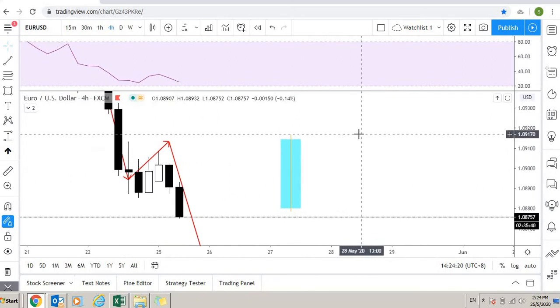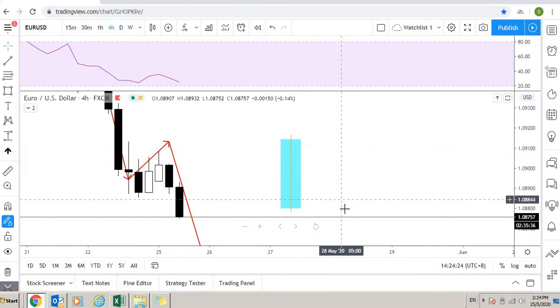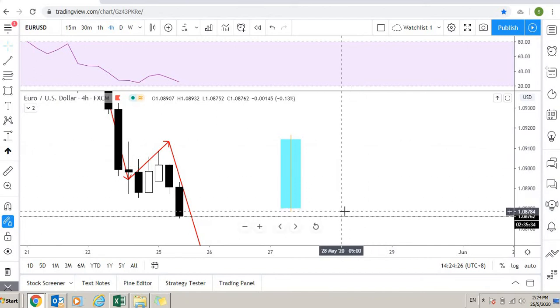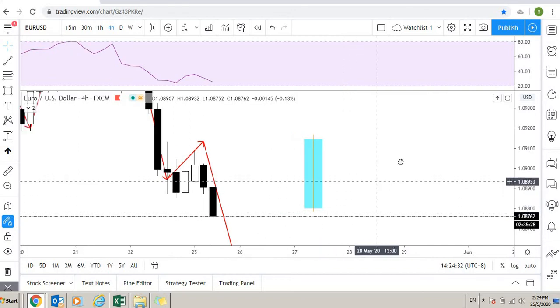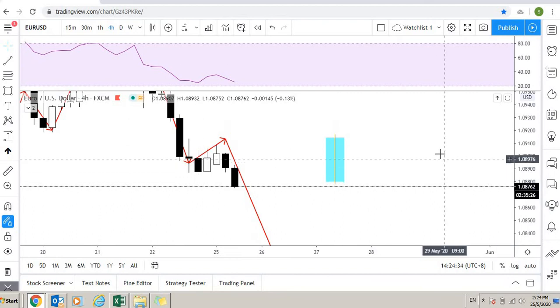However, the buyers failed to control the price, and the price closed at the lowest point of the 4-hour chart or the daily chart, for that particular period. So this kind of bearish bar can signal to you that the sellers are in control.